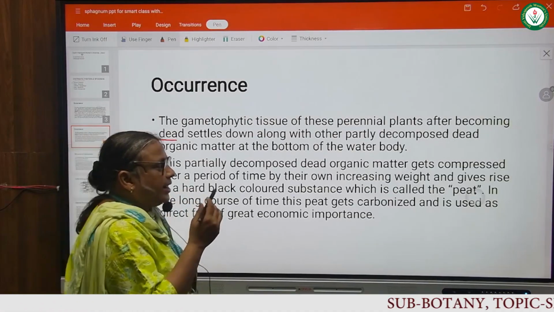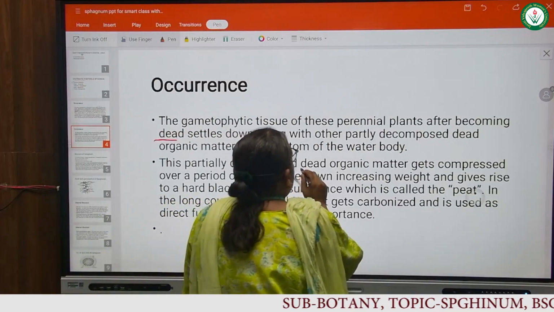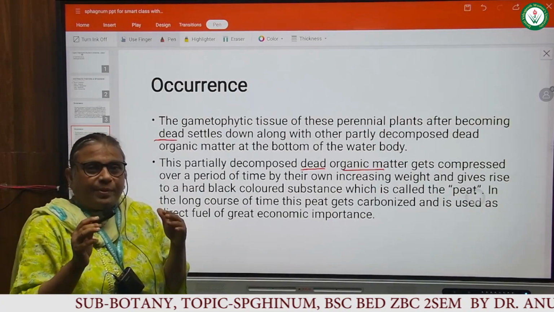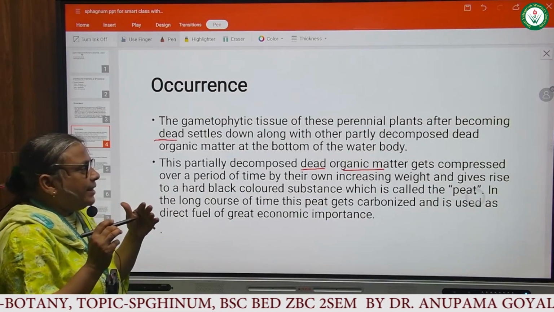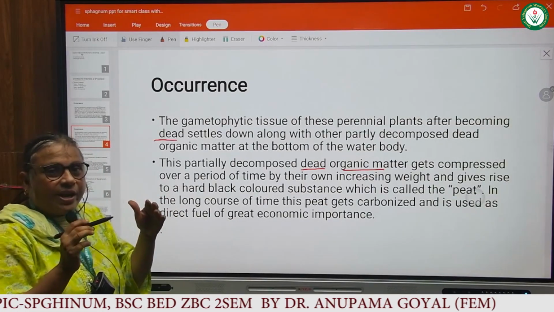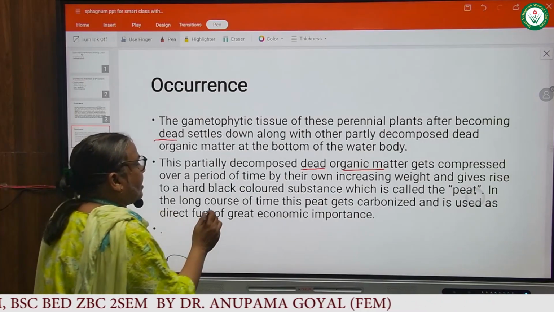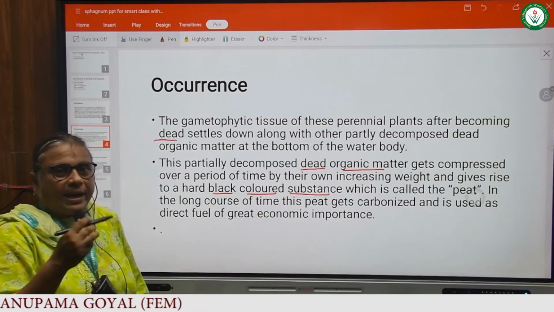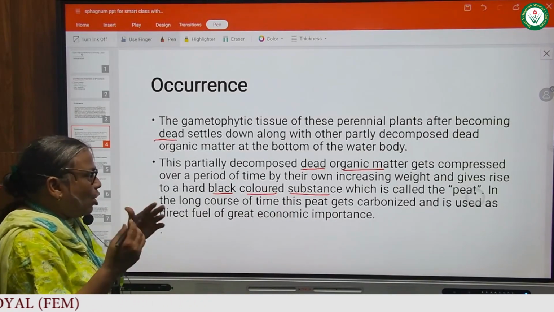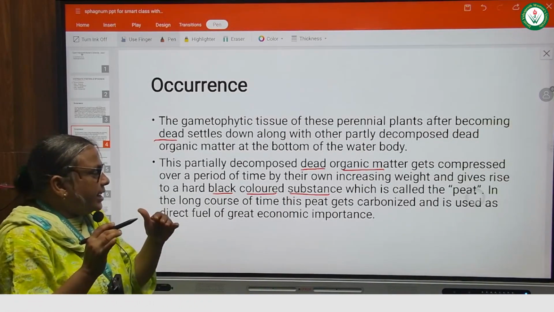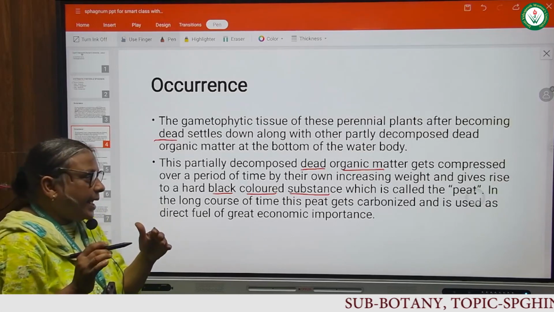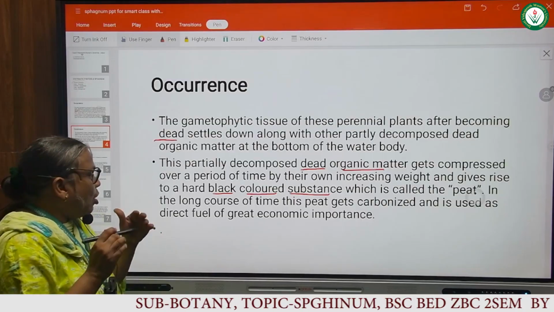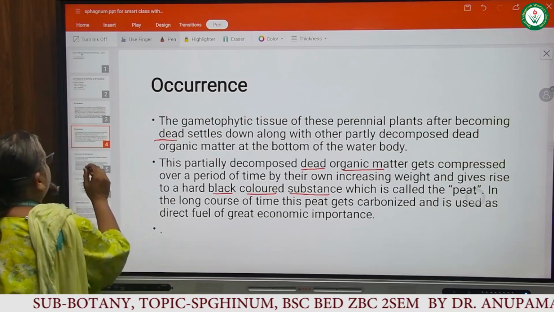This partially decomposed dead organic matter gets compressed over a period of time by its own increasing weight and gives rise to a hard black colored substance called peat. In the long course of time, this peat gets carbonized and is used as direct fuel of great economic importance.